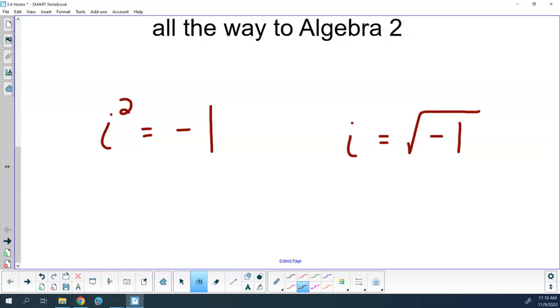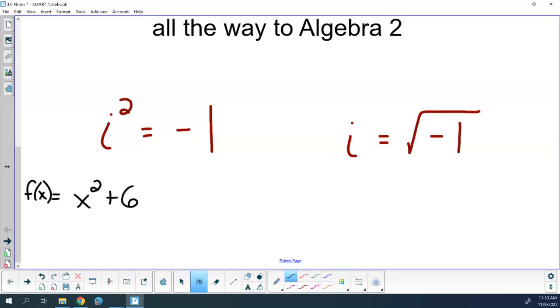Now, the reason that we do this imaginary stuff is for something like this. I'm going to say f of x here. So this is a function.